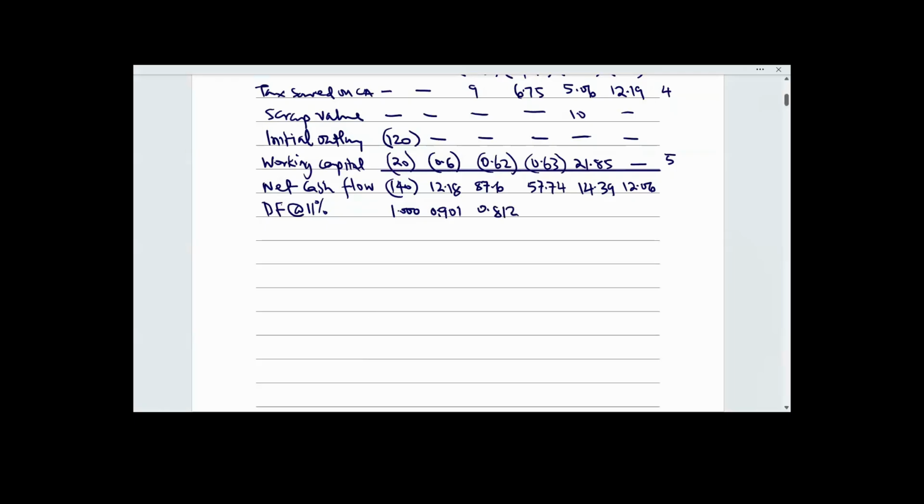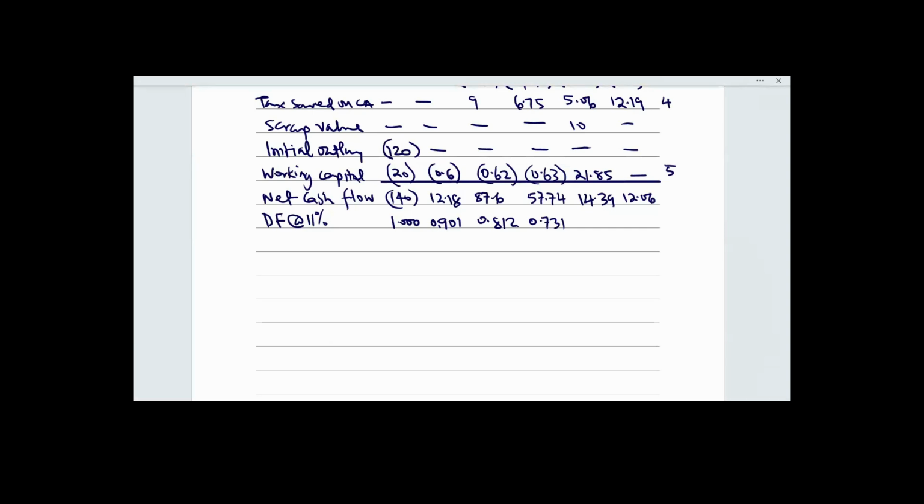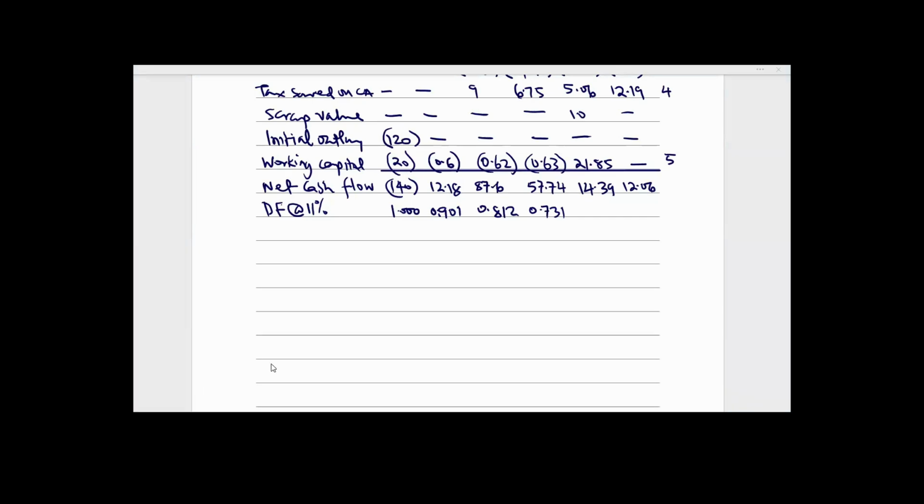Year 3, 1.11 raised to power minus 3, equal 0.731. Then year 4, discount factor 1.11 raised to power minus 4, equal 0.659.